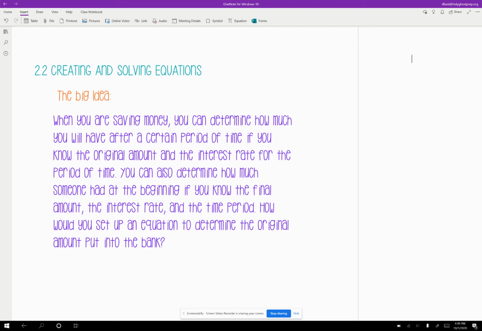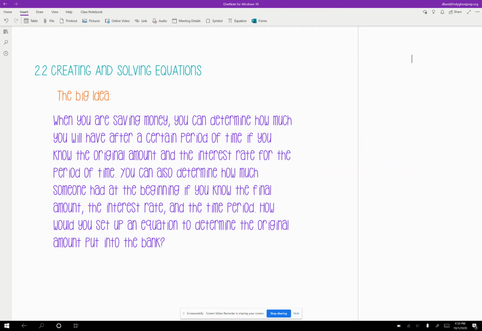We are working through Unit 2 still, Section 2, and we are still in the land of writing and translating these equations. So again, I've got another big idea for you, and we're talking about saving money, and you can determine how much you will have after a certain period of time if you know the original amount and the interest rate for the period of time.